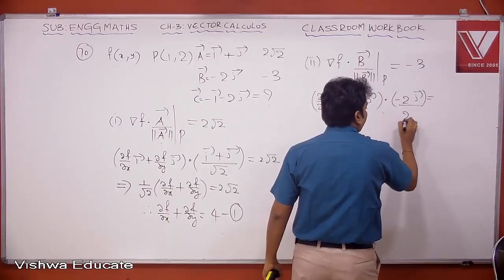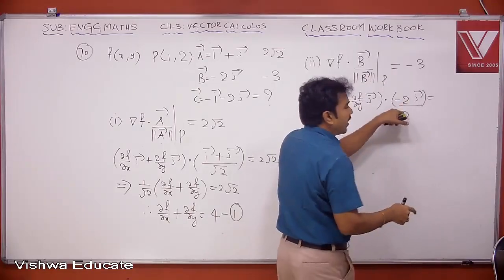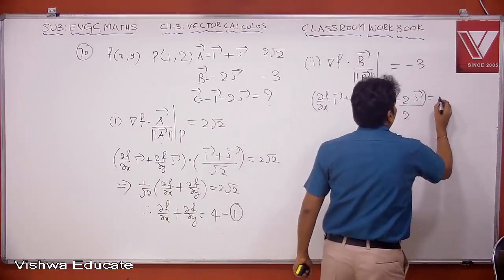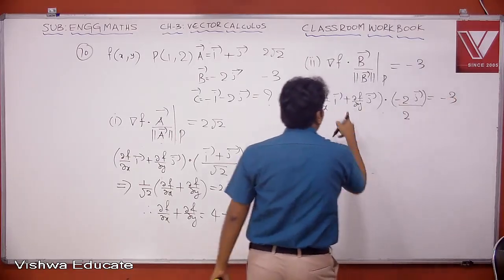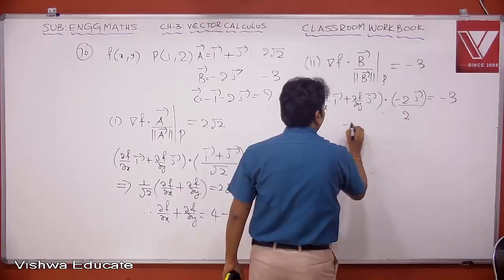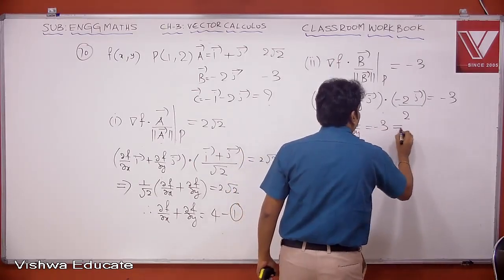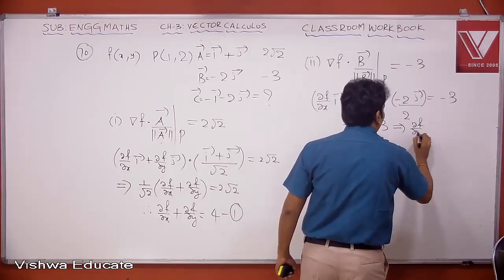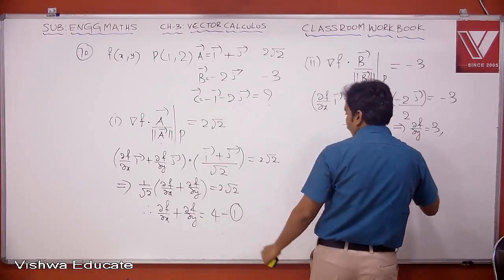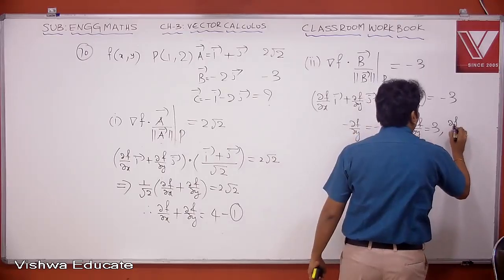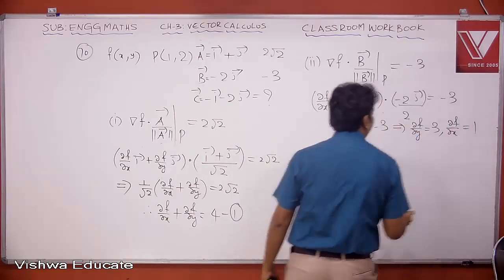The length is 2 only, because square root of minus 2 whole square is square root of 4, which is 2. So this is minus 3. Therefore when you apply this, you will get minus dou f by dou y equal to minus 3. This implies dou f by dou y equals 3. When we replace dou f by dou y with 3, dou f by dou x becomes 1. Therefore dou f by dou x equals 1.